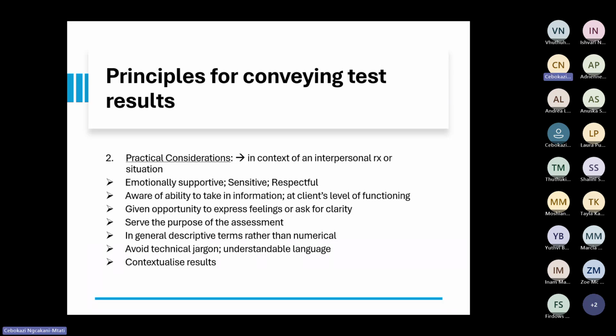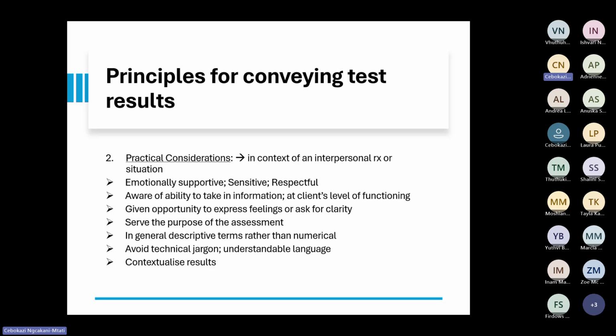Your results must always serve the purpose of the assessment. If the purpose was to understand why they are struggling at school, your results should actually speak to exactly that. And your results should be in descriptive terms rather than numerical, because they will understand descriptive terms.